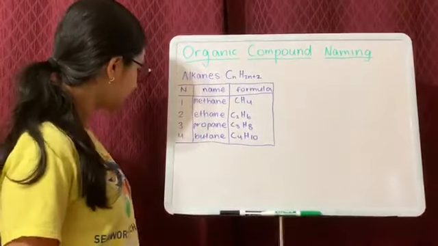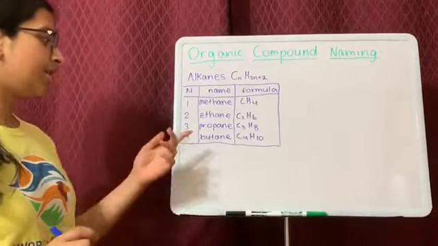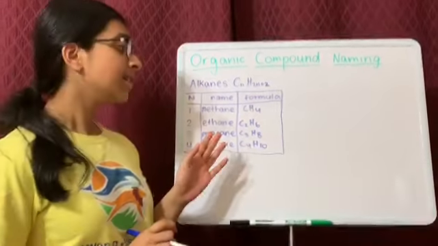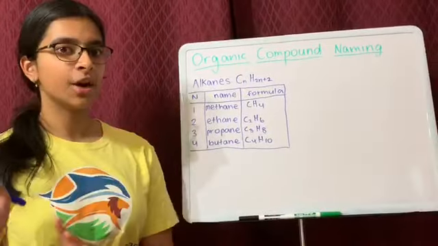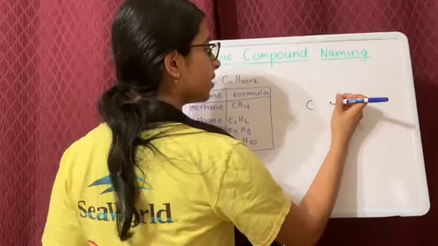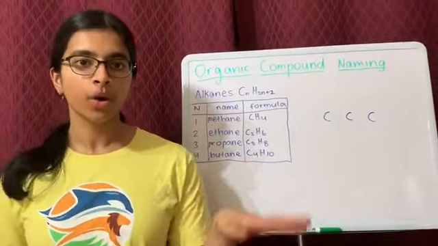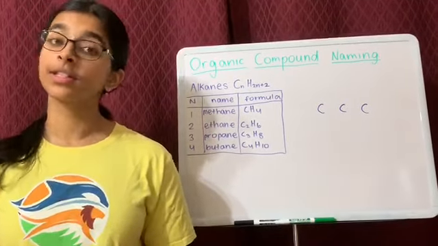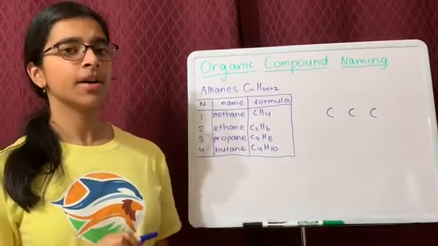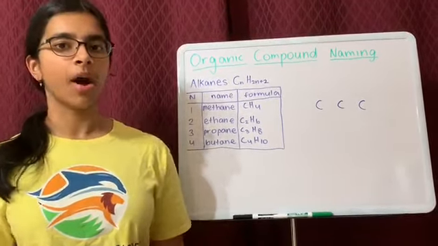But what do these alkanes actually look like? We can actually draw them based on their name. If I was given, for example, propane, as soon as I see prop as the prefix, I know that means we have 3 carbons. So we're going to draw 3 carbons. A carbon wants to have 4 bonds coming off of it: 4 single bonds, or a double bond and 2 single bonds, or a triple bond and 1 single bond, just any combination that lets it have a total of 4 bonds.